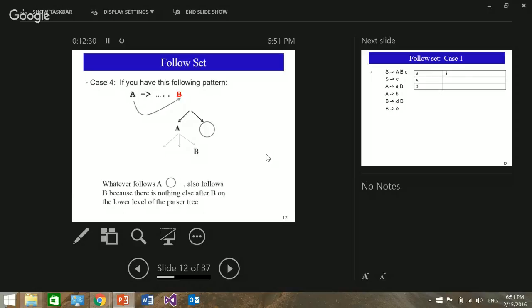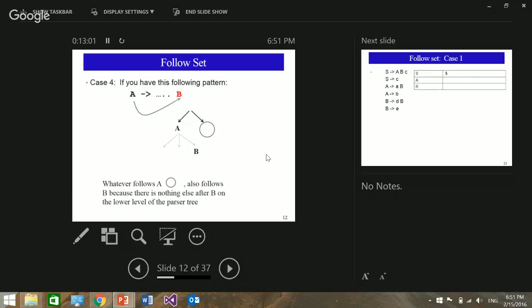Yes, B can also go to A. There's no problem with circular follow sets. There's no such thing as a circular follow set. That's perfectly fine. Could A go to itself? Yes. This is the least interesting. A is already there, so I don't have to copy into itself.